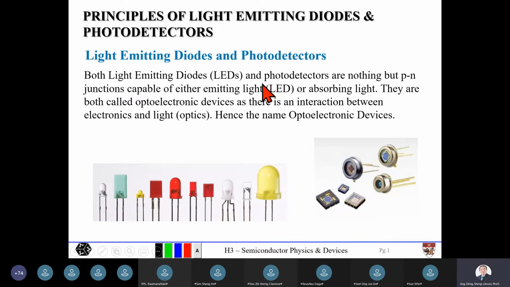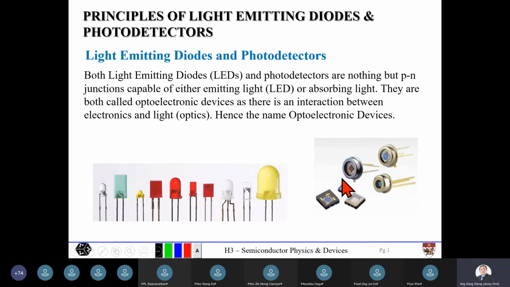Now, the other important example in optoelectronics would be photodetectors. The figure on the right shows you some common examples of photodetectors. Typically, you will see a glass window here because a photodetector is a device that detects light.